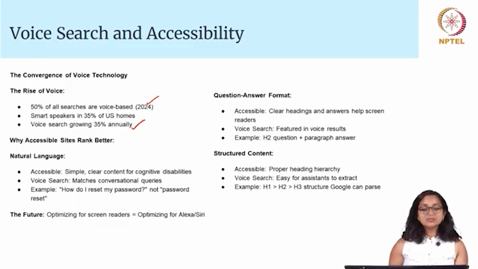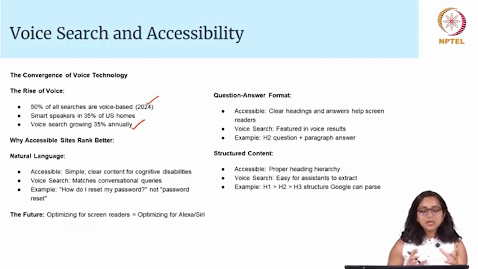Why do accessible sites rank better? Because it is supporting natural language. Accessible means simple, clear content for cognitive disabilities. It is able to match conversational queries, for example, how do I reset my password and not password reset.